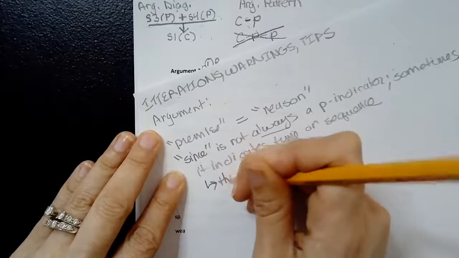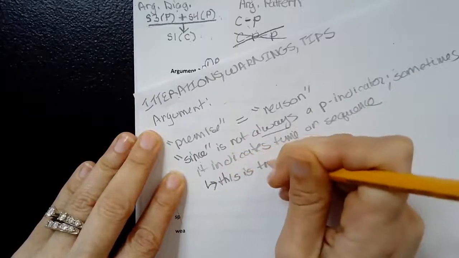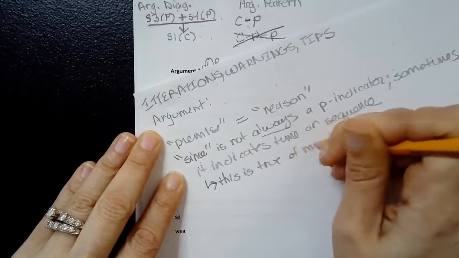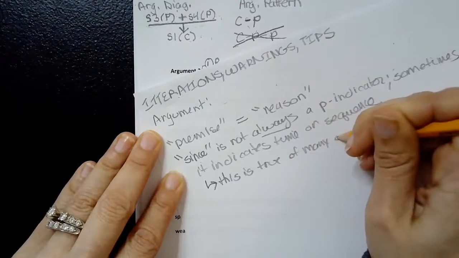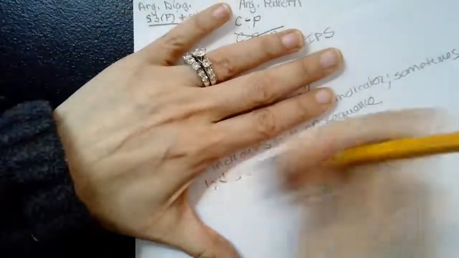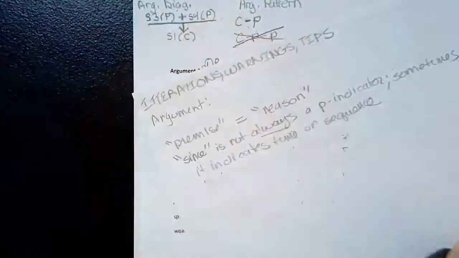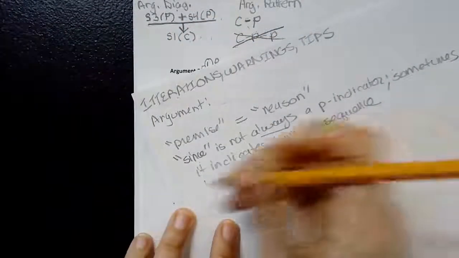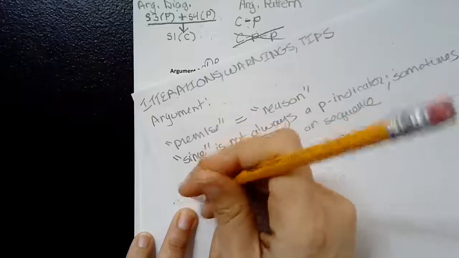This is true of many other, oh wait a minute, I don't want you to think that a lot of other words are temporal indicators that are often premise indicators, but let's write the bigger point. So, bigger point.